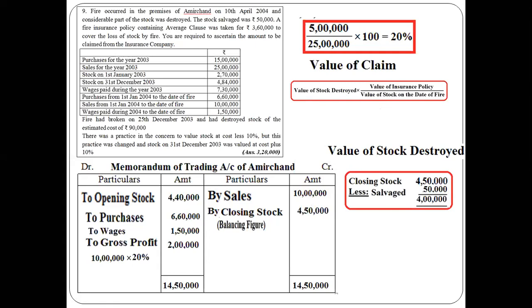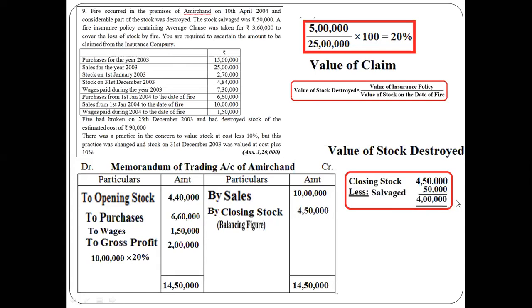In this question, it is directly stated that the stock salvaged amounted to rupees 50,000. Second line itself, if you observe here, the stock was salvaged, amounting to rupees 50,000. So out of the total stock of 4,50,000 which was there in the godown on the date of fire, we deduct 50,000.